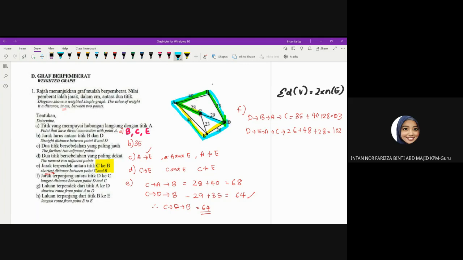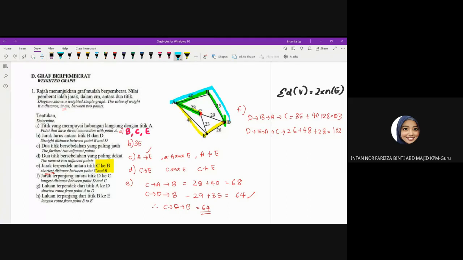I repeat, from D to B, A, E, D, C. It is wrong because you use the D twice. Should be no repetition. So that means the third option is wrong. We can't use that.